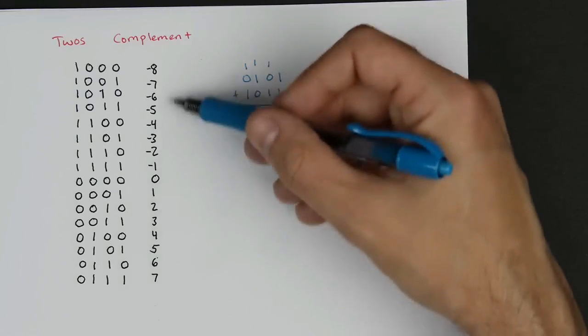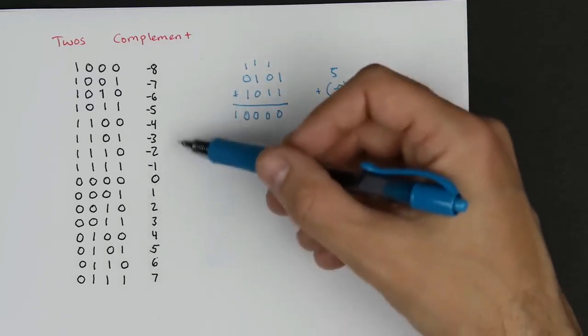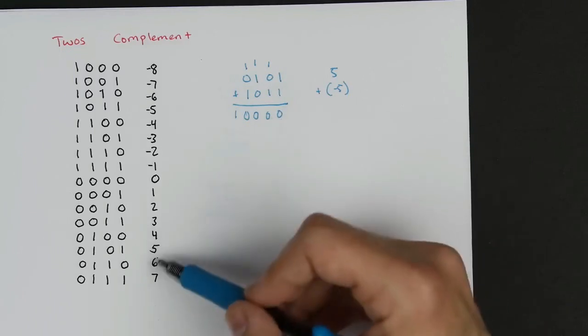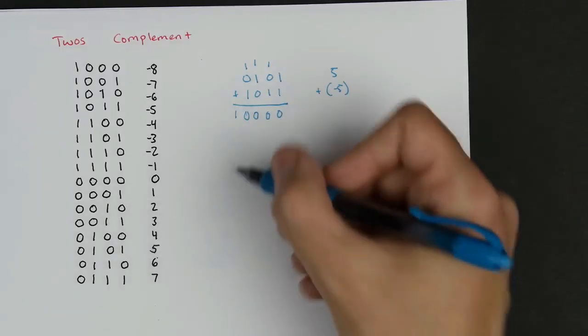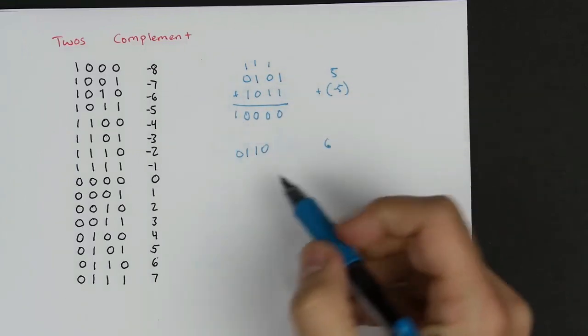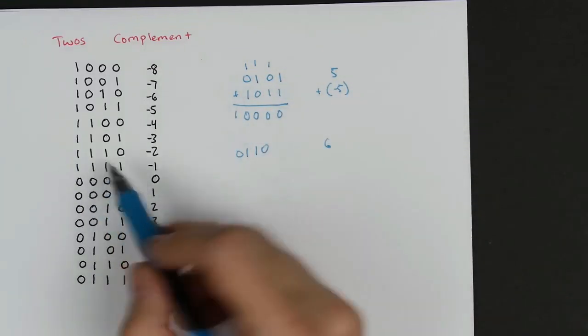In fact, you can try it with any of these numbers, and you'll find out that you get all zeros. So let's try 6 minus 2. 6 is 0, 1, 1, 0. And minus 2 is 1, 1, 1, 0.